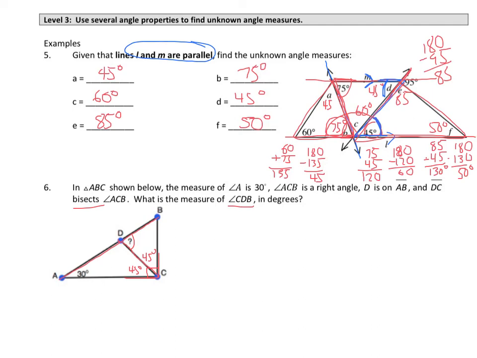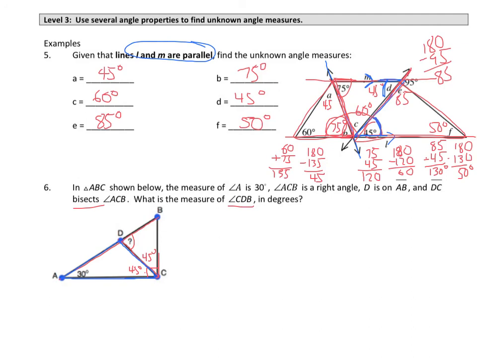So we use some of our angle properties. I already figured out that we have a 45-degree angle right here. If I look at the triangle formed right here, triangle ADC, all the angles need to add up to 180.